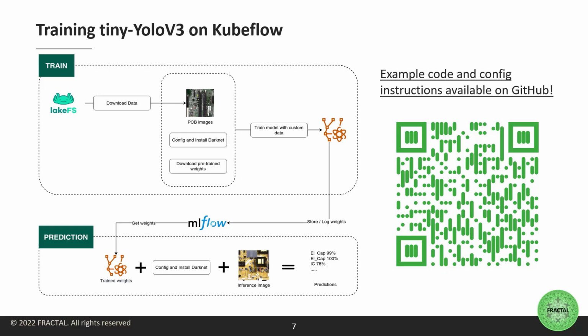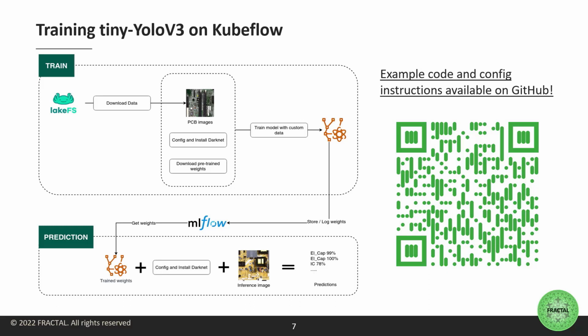This is the schema of the training of YOLO v3 on kubeflow. You just train the model by downloading the data and configuring and installing darknet. And then you derive the weights of the network using the provided dataset.